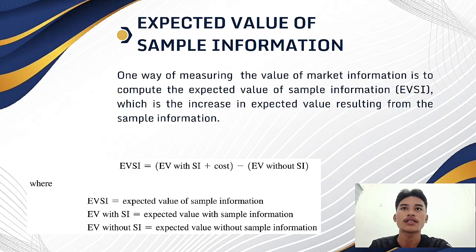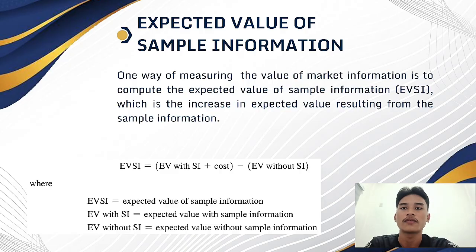So for our next slide, we have the expected value of sample information. One way of measuring the value of market information is to compute the expected value of sample information, or what we call the EVSI, which is the increase in expected value resulting from the sample information.